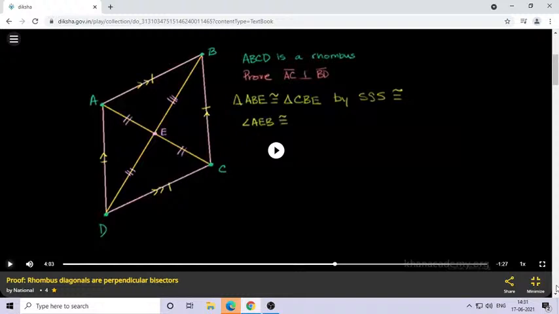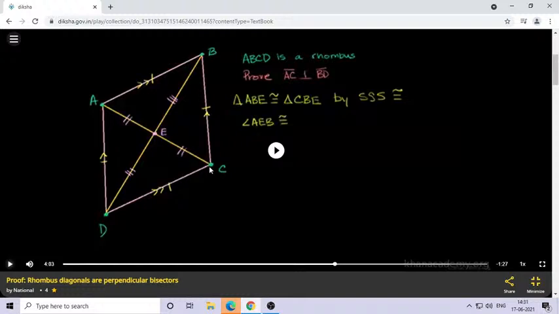So this proof, all of you try to do it after this class. So how to prove it? First you have to prove these two triangles as congruent by SSS criteria, and after that we have to take this angle and this angle, that is angle AEB and BEC. So these two angles are equal by CPCT, corresponding parts of congruent triangles.